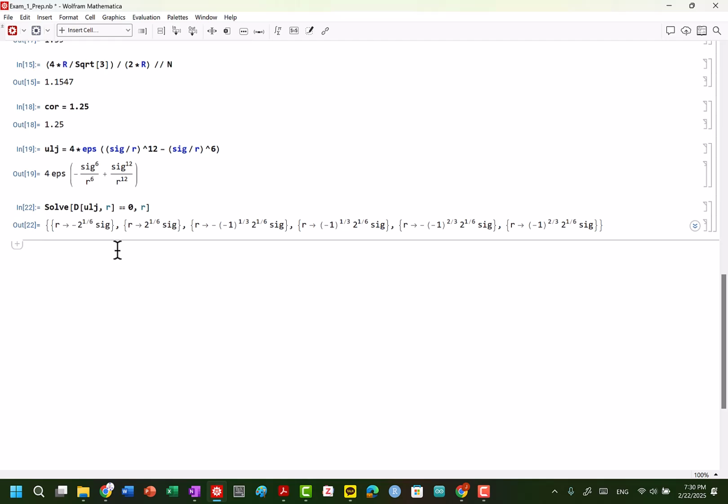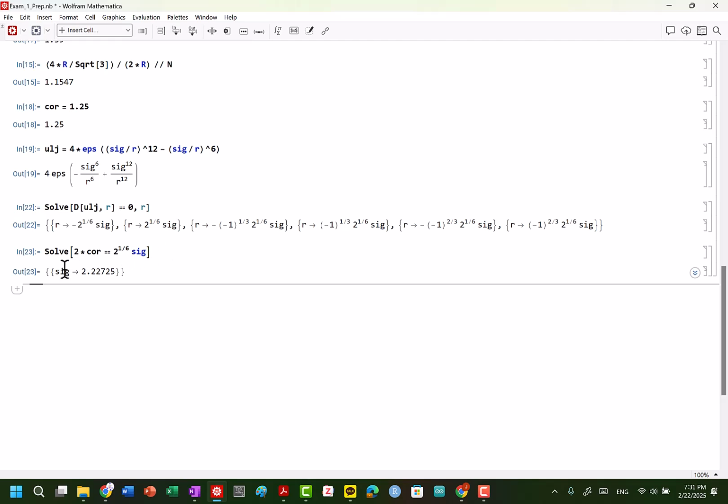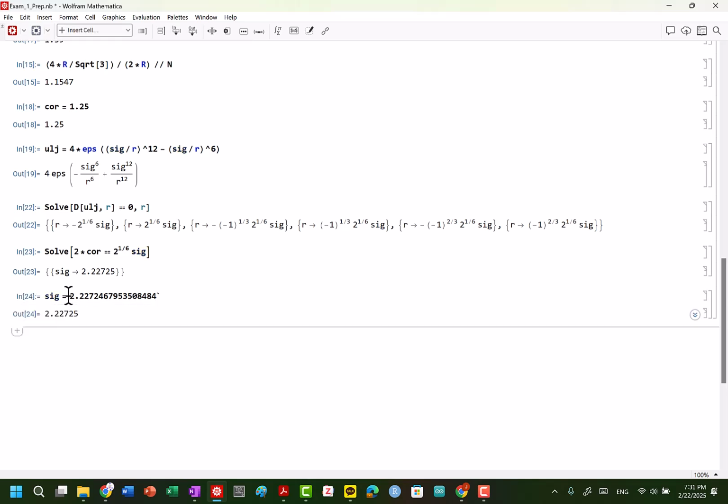So now we can just basically say here, solve. We know that this will be this distance, 2 times the Co radius. So this will give us our sigma. So our sigma is given here, and this will be in meters.